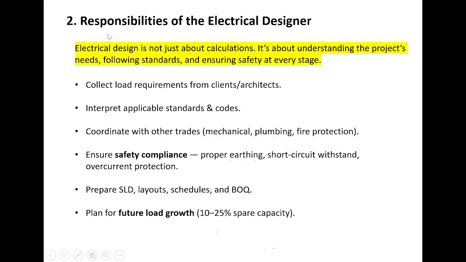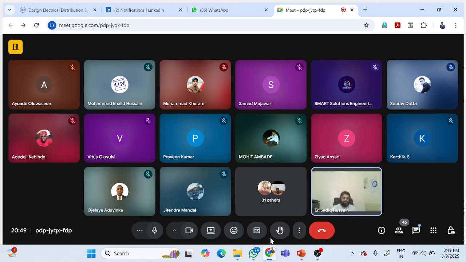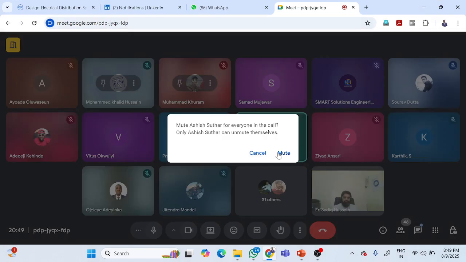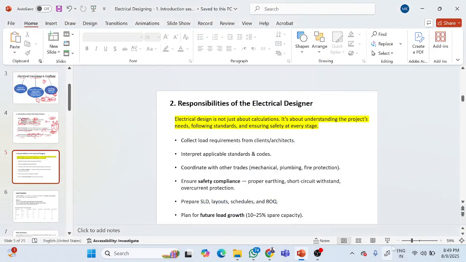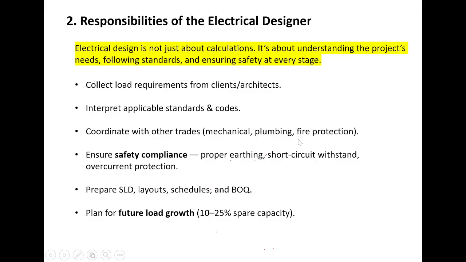Now, coming to the responsibilities of the electrical engineers. As I told you, we are not a calculator. Electrical design is not just about calculations, plus, minus, multiplication, division.